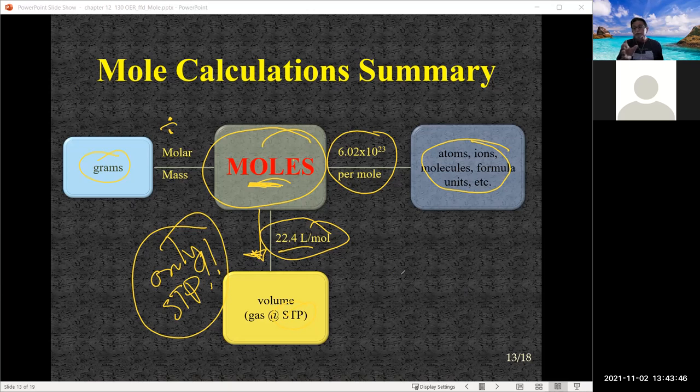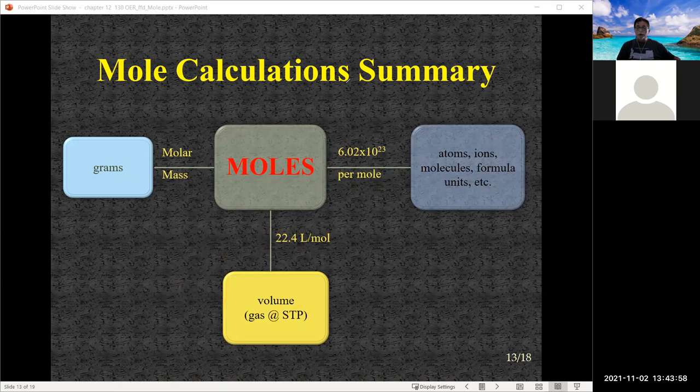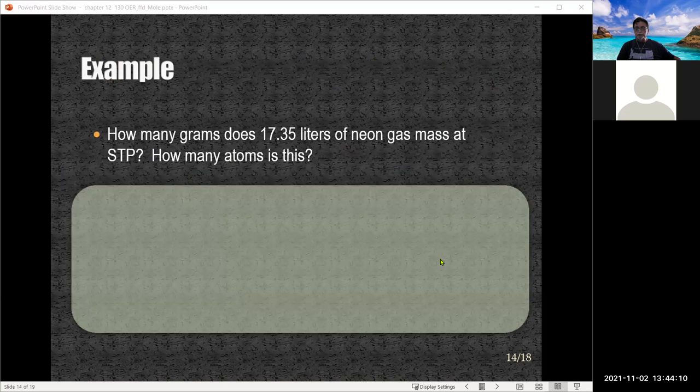And my answer is, yes, you did. However, you did not keep track of 22.4 liter. All right, so that is the flow chart to get you from point A to point B. Everything's going through moles, okay? And you're going to see the other flow chart, which we're going to utilize quite a bit.